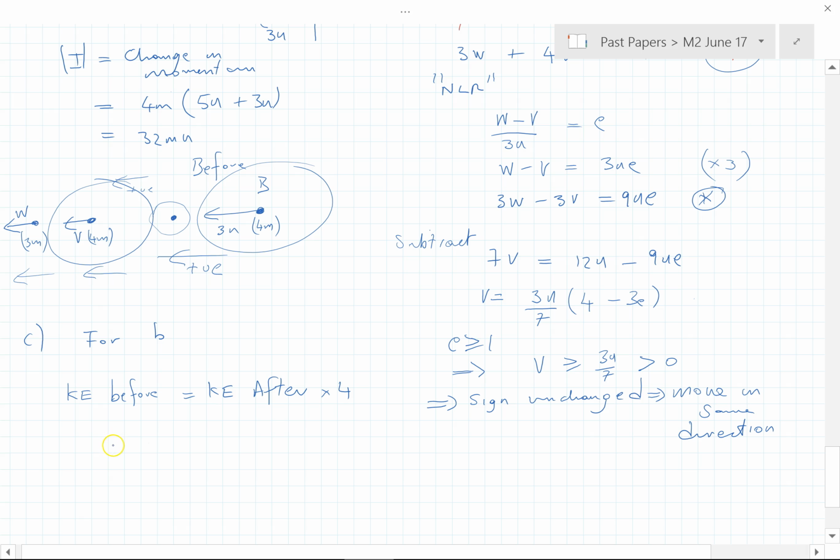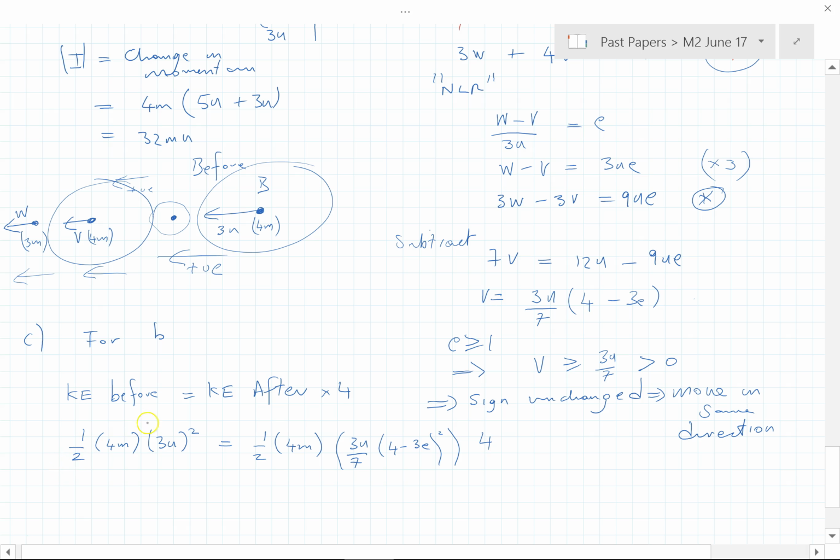Now KE before, we're told it's 3u, so that's half times 4m times 3u squared is equal to a half times 4m times this squared, so that's 3u over 7 times 4 minus 3e, squared, and that's times by 4.